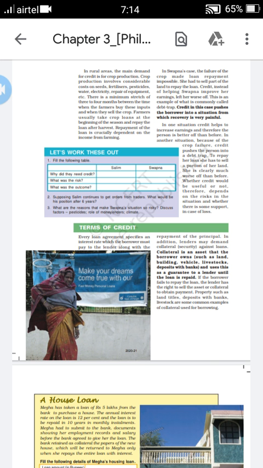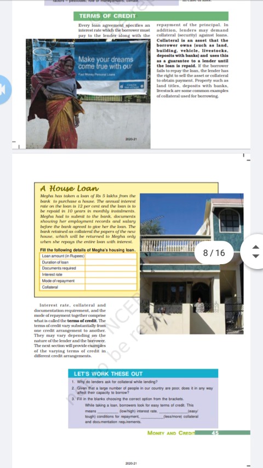Here is one example given to understand this. A person named Omega has taken a loan of 5 lakhs. For what purpose? To purchase a house. The annual interest on the loan is 12%.